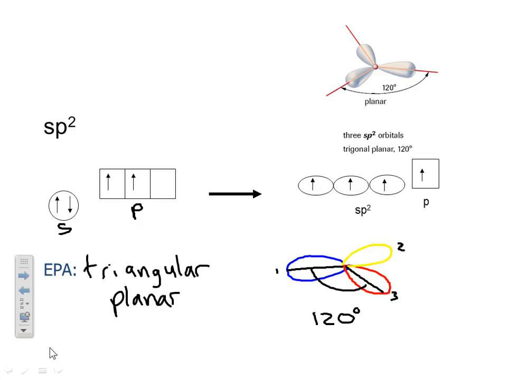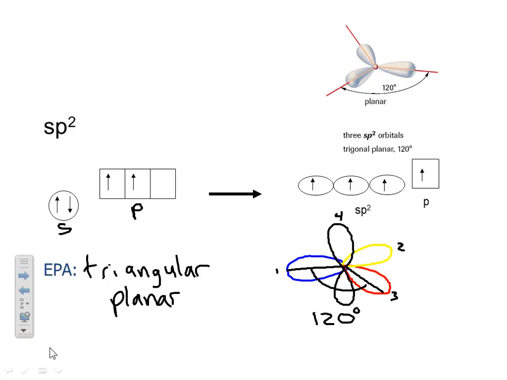It looks like a regular p orbital. It's got 2 lobes. The orientation of the p orbital is up and down. It's perpendicular to this plane. So using the black, and hopefully this doesn't get too complicated, it goes up and it goes down. So there's the p orbital. There's the 4th orbital there.